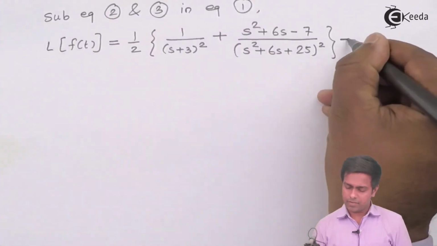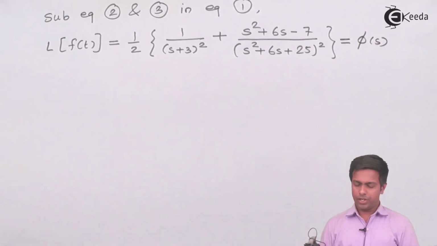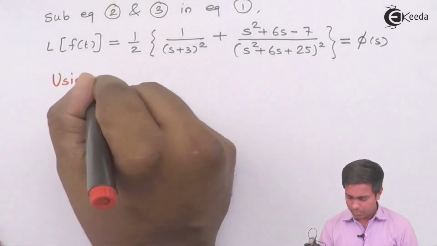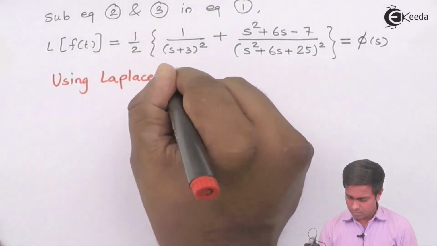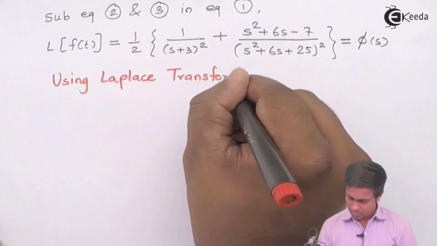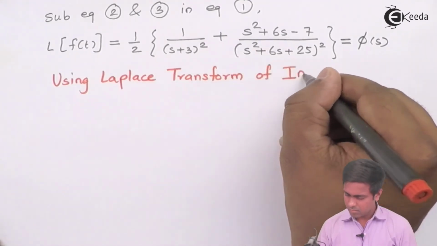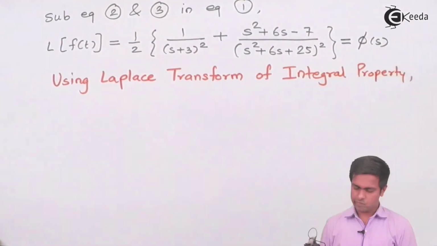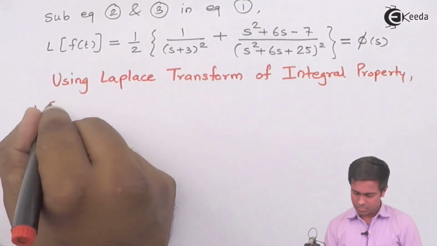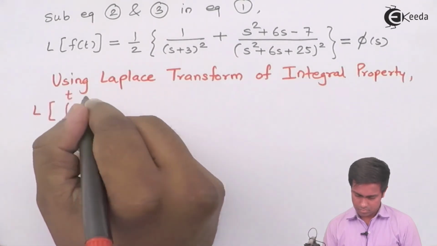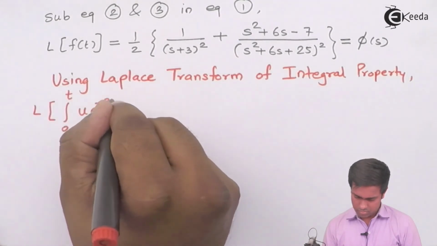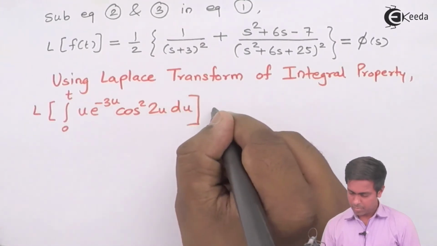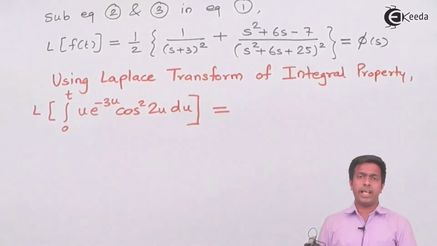So I will call this phi of s, and now using the Laplace transform of integral property, it is equal to 1 upon s phi of s.